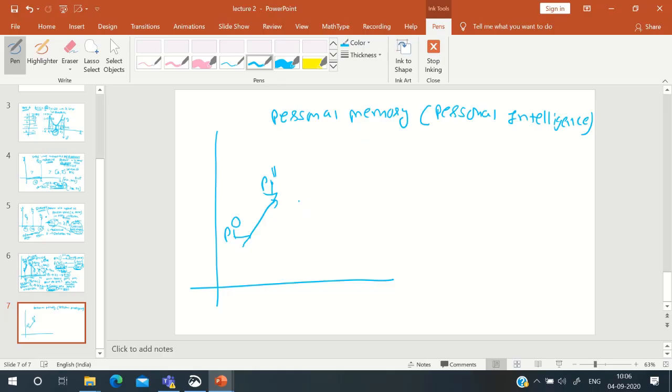Again, what was the x value corresponding to particle P1 at the end of the 0th iteration? It was, let us say, x0, right? And what is the x value of the particle P1 at the end of the first iteration? That is, let us say, x1 superscript 1, right? This is x0 superscript 0.